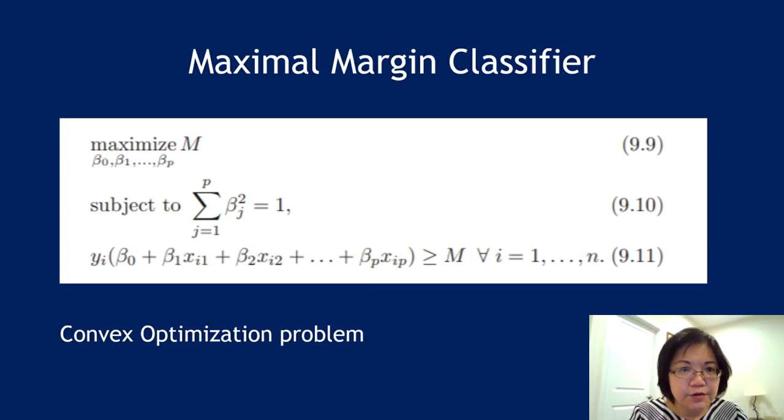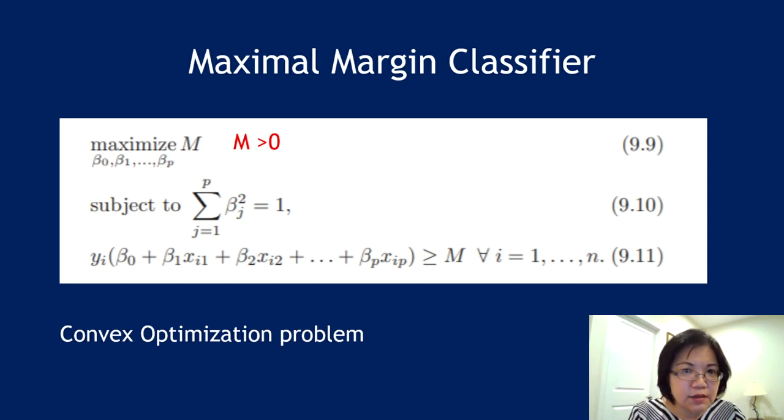Maximal margin classifier, this is a recap from last lecture. This is the algorithm. It is designed to maximize the margin. M has to be greater than 0. It's a positive margin. When the margin is less than 0, that means we have failed to find a solution. So the classifier is actually this equation, beta 0 plus beta 1 x1, beta 2 x2, all the way to the p feature.